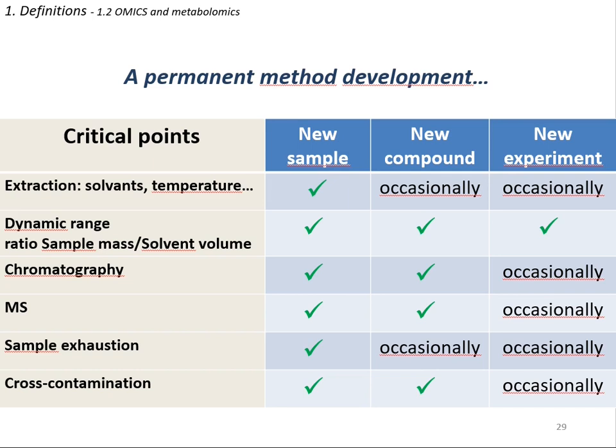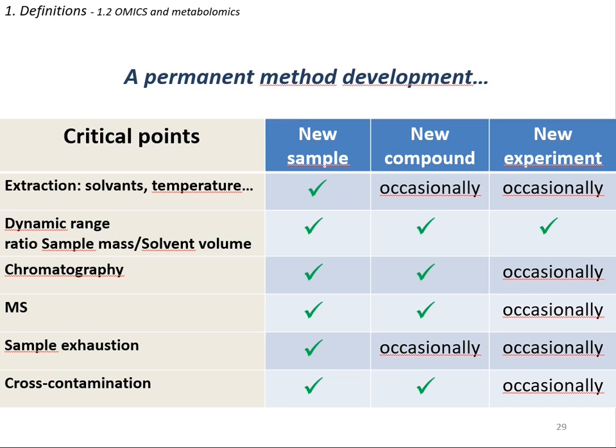And this can be focused on extraction, like the choice of solvents, the temperature of extraction. If you have a new sample, well, you will have to do this development. If you have a new compound or a new experiment, it depends. It depends on how it has changed from the previous analysis.